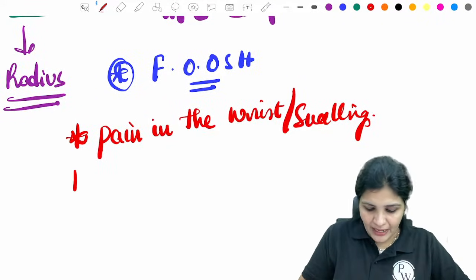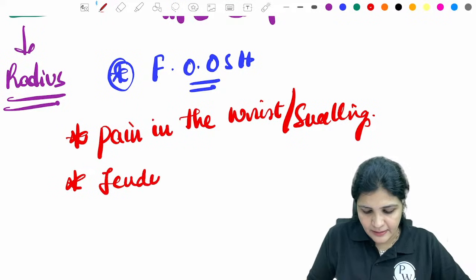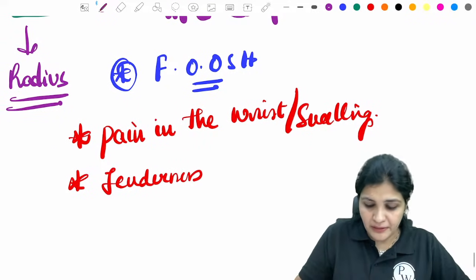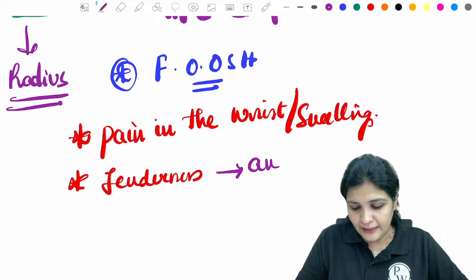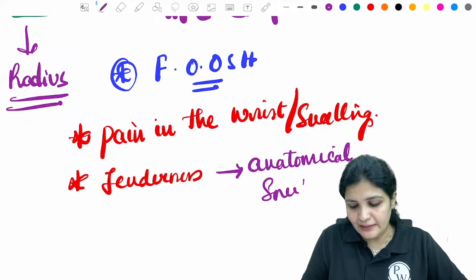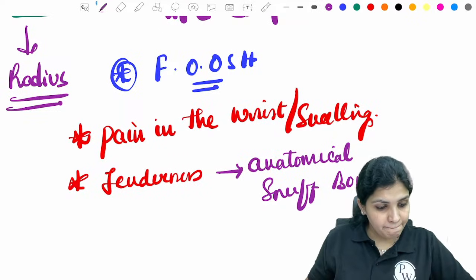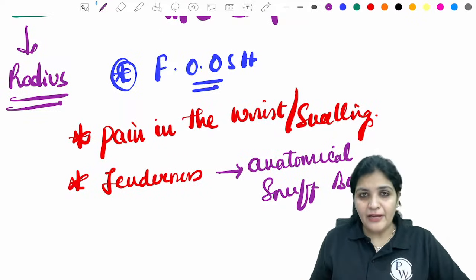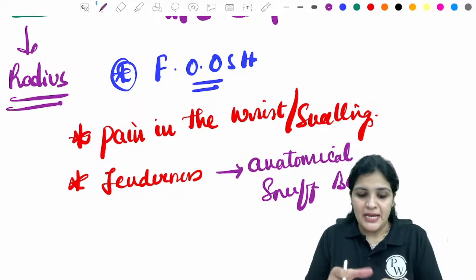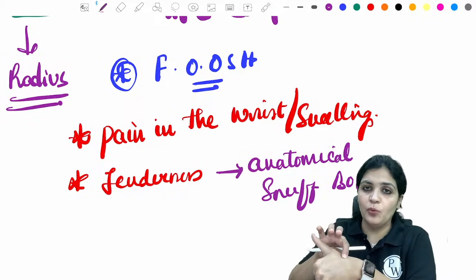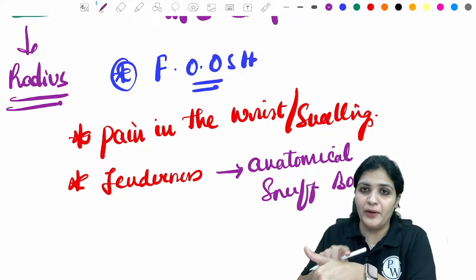You will have tenderness in this particular area, which is called the anatomical snuff box. You would have read in anatomy what an anatomical snuff box is: it is an area where the floor is formed by the scaphoid.